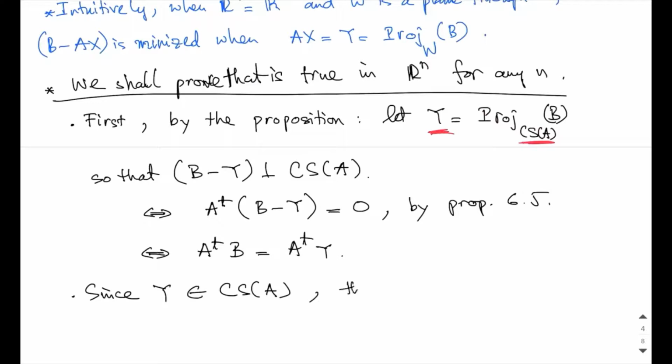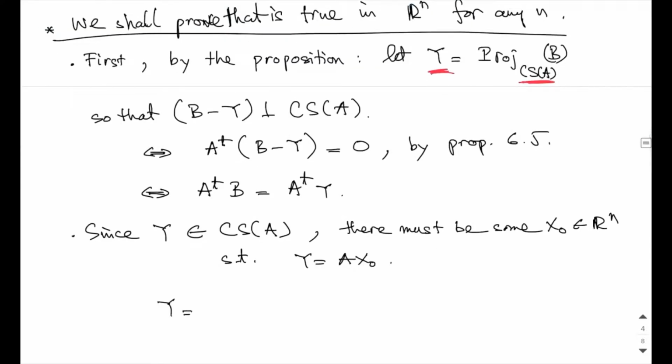There must be some x0 in R^n such that y equals A times x0, right? Because being in the column space means that you can write it as a combination of the columns of A. And this is the same as multiplying A with x1, x2, dot, dot, dot, xn.